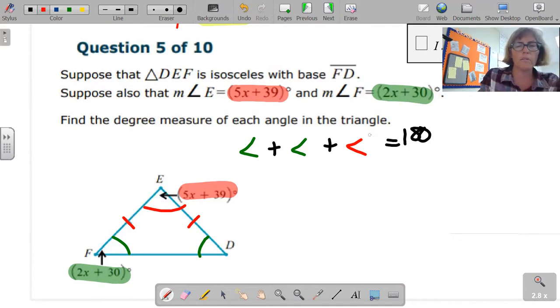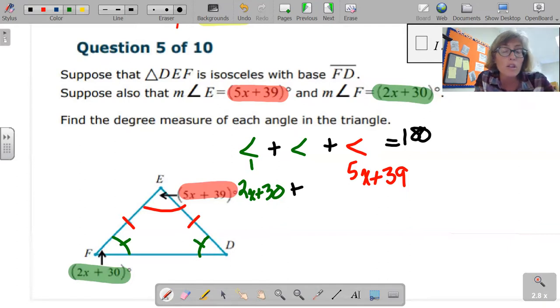And I take a look here. My one angle, this is 5x plus 39. This angle here, my first one, is going to be 2x plus 30. And you're like, wait, there's nothing here. But remember, if it's isosceles, 2 equal sides, 2 equal angles.